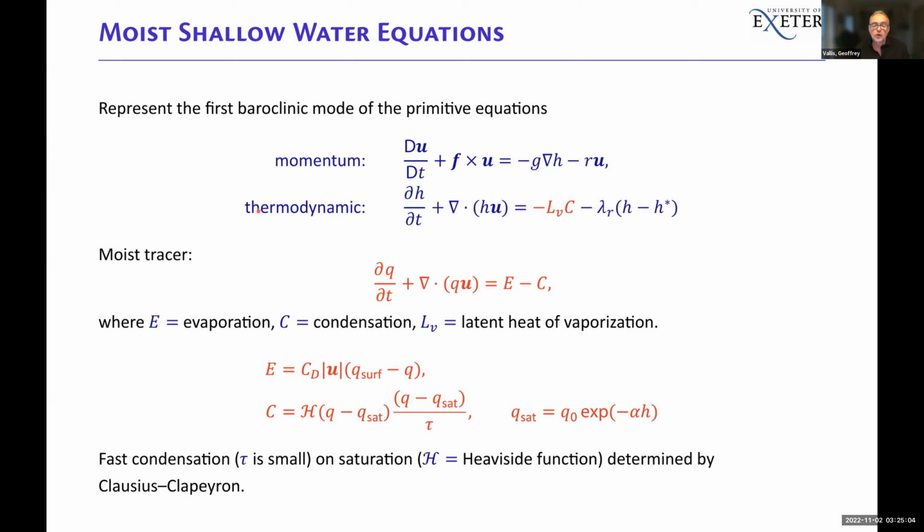But Q is being advected around by the velocity. It may converge or whatever. And then if Q reaches or exceeds the saturation value, it immediately rains. It condenses, which is the term here. And that condensation is then a source in the thermodynamic equation.